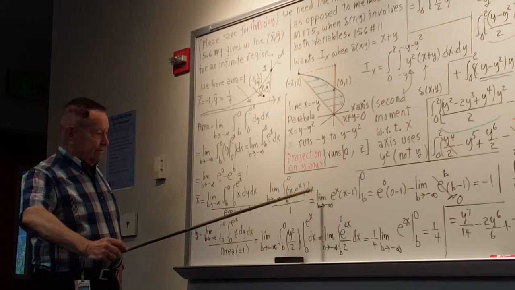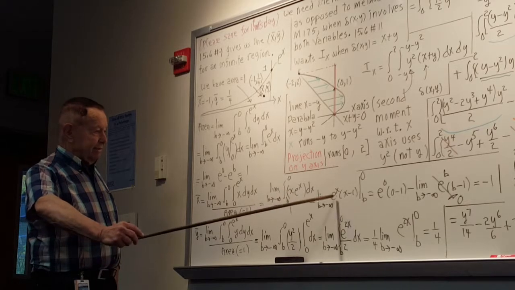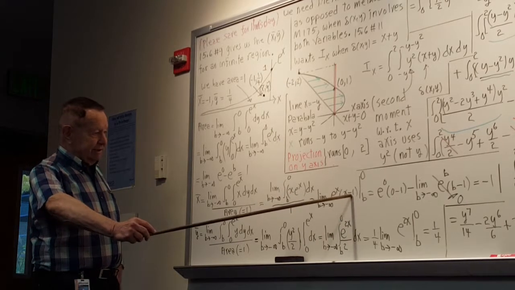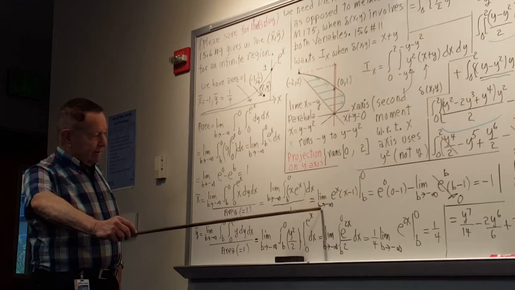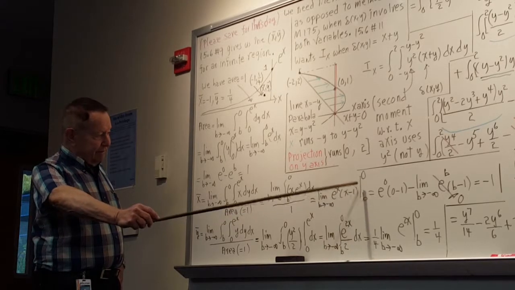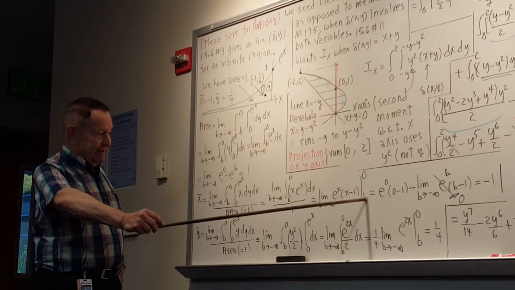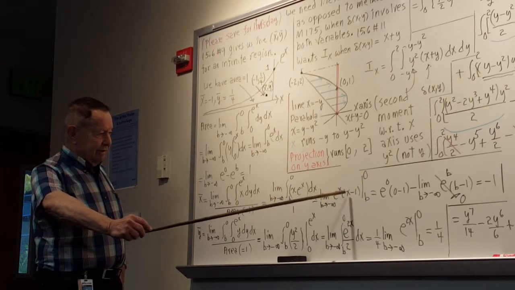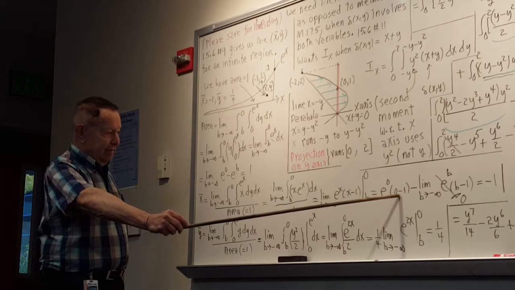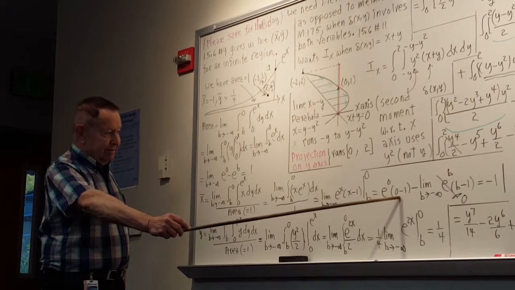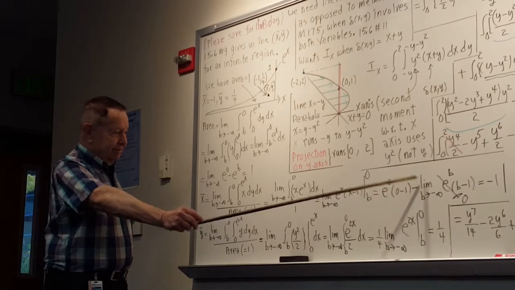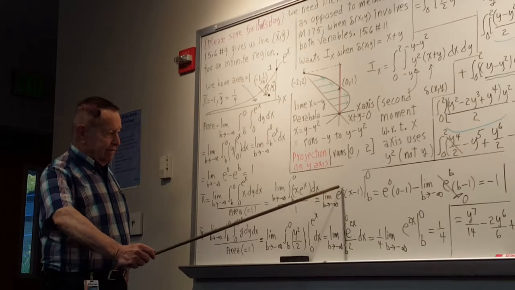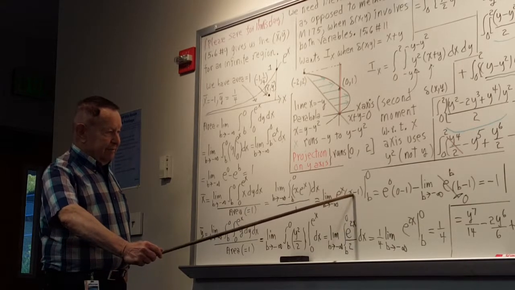And so you're going to get e to the x times x minus 1. Take the limit of that when you have evaluated between b and 0. So the upper limit, you have e to the 0 and 0 minus 1. So all that's minus 1, minus the limit of e to the b times b minus 1.